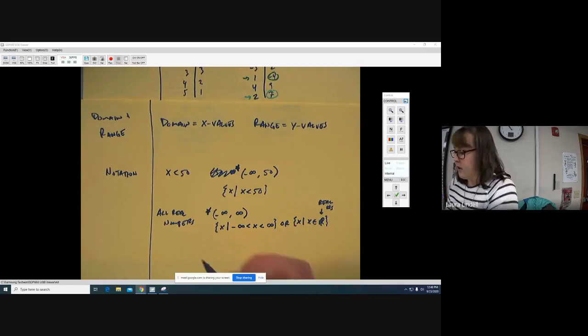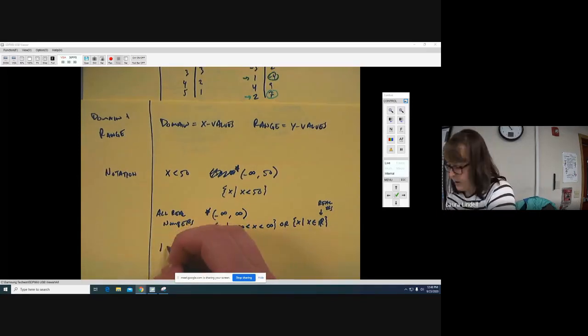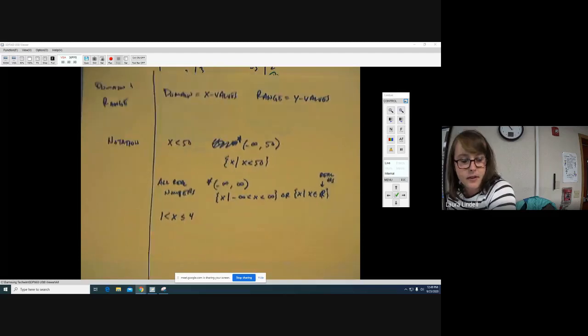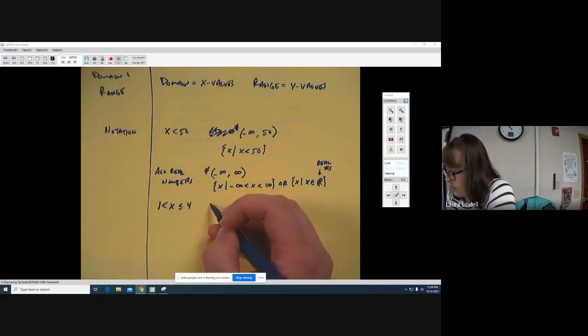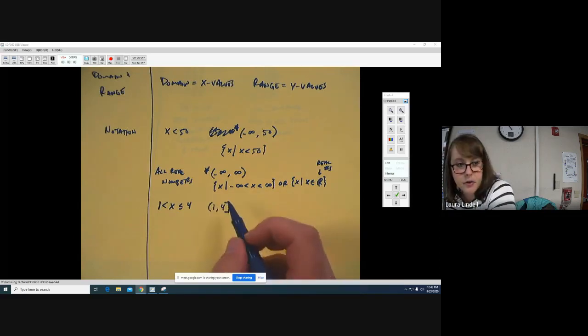Okay. Or if I wanted to say 1 less than X less than or equal to 4. Let's say we wanted to be inclusive here on one end. Then it would just be 1 comma 4, but it would have a bracket on this side instead of a parenthesis, to show that we're including the number 4 in our set.